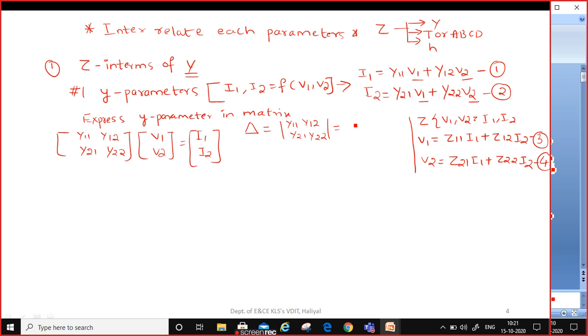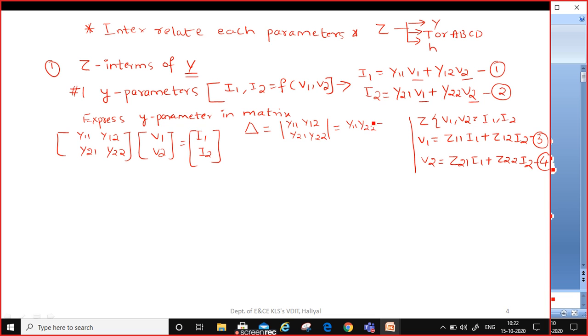If you express it in a detailed way, you will get y11 multiplied by y22, minus y12 into y21.